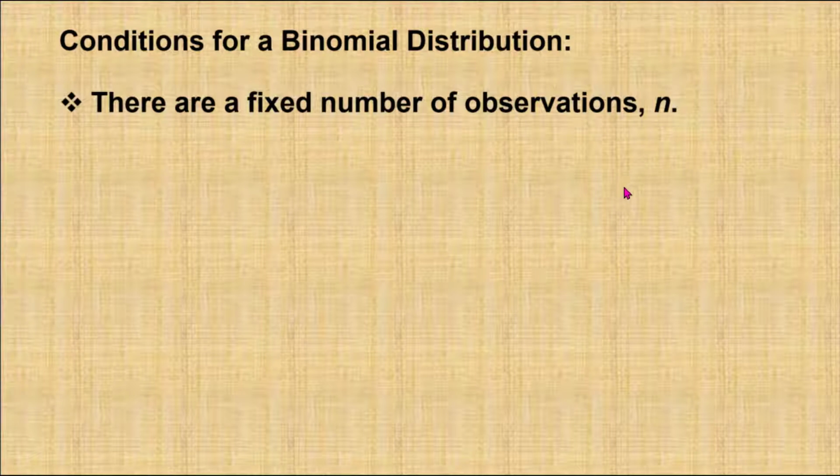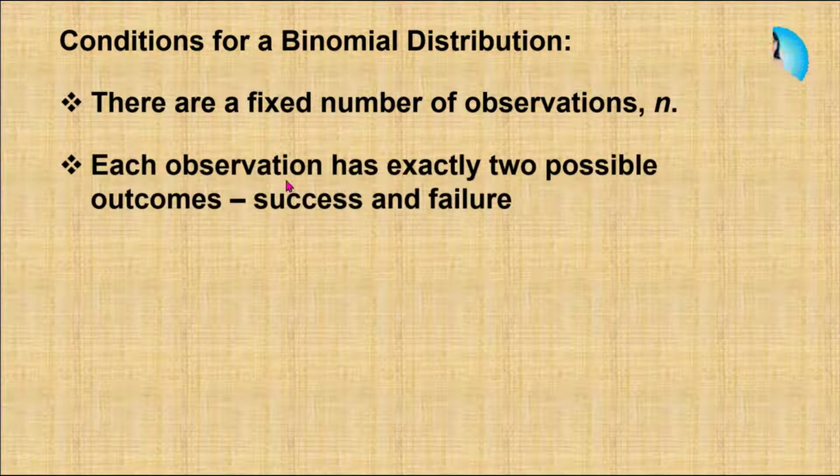For example, a group of 50 students, or a sample of 100 customers, or tossing a coin repeatedly for 10 times. The second condition is each observation has exactly two possible outcomes, either success or failure. For example, a student whether wearing glasses or not wearing glasses.